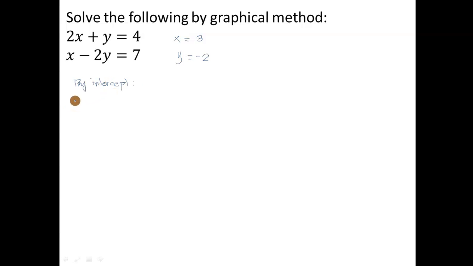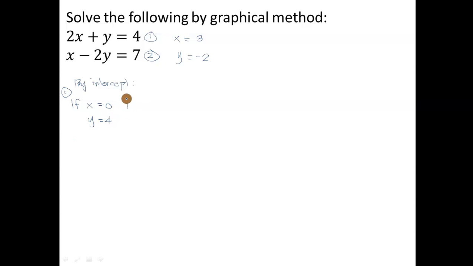okay, we let x equal 0 for the first equation. Okay, this is our second equation. For the first equation, if x is equal to 0, y will be equal to 4.